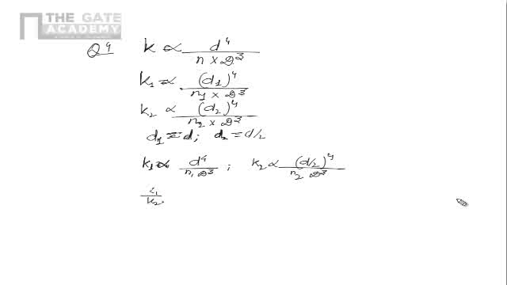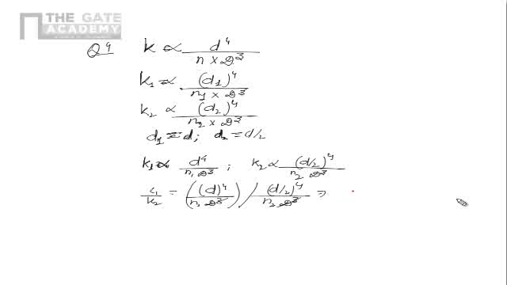K1 by K2 is nothing but, now we can divide this relationship. We get d to power 4 upon n1 D cube divided by d by 2 to power 4 upon n2 D cube. D cube cancels out.